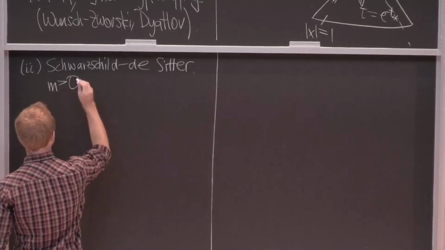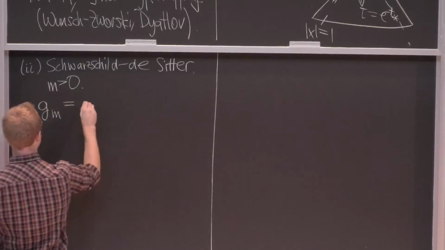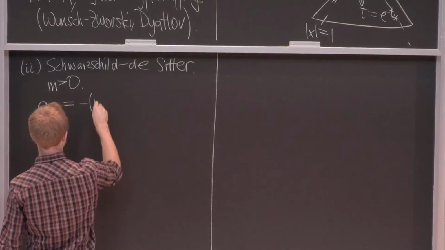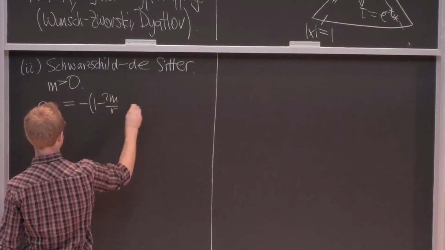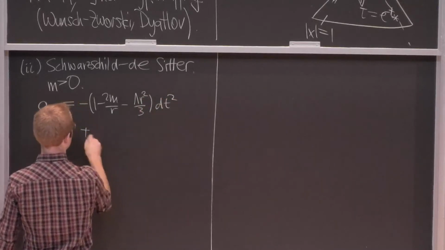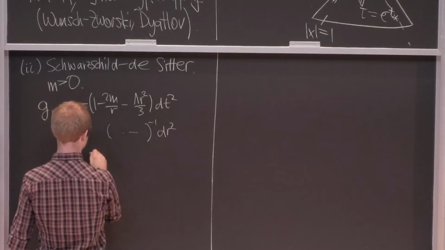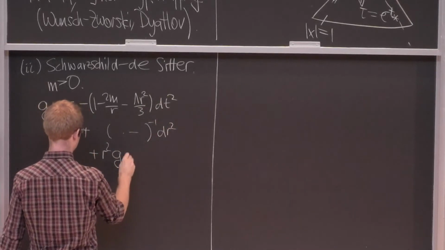And the metric in this case, let me just call it g_m again, has a very similar form. Just for your amusement, it's 1 minus 2m over r minus this extra term, lambda r squared over 3. But otherwise, it looks the same as the Schwarzschild metric.